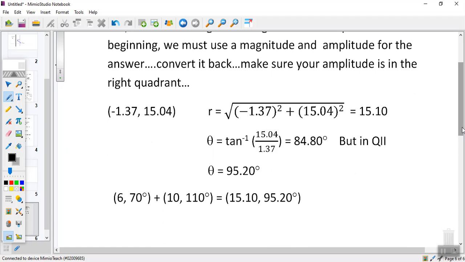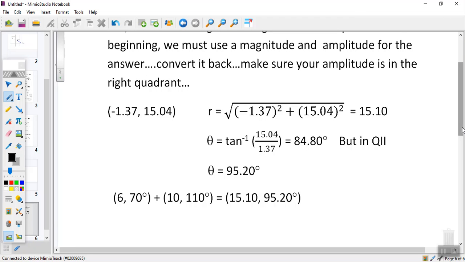Yep. You have to be careful on this. When we find the radius, that negative 1.37, 15.04, we're really doing negative 1.37 squared plus 15.04 squared, which gives 15.10. I measured about 14.5, but I was off a little bit, because I couldn't turn my ruler there in the end. So were we close on that? Yeah.